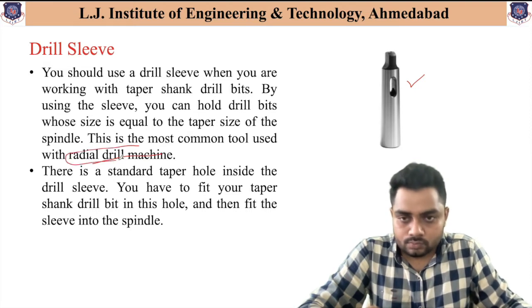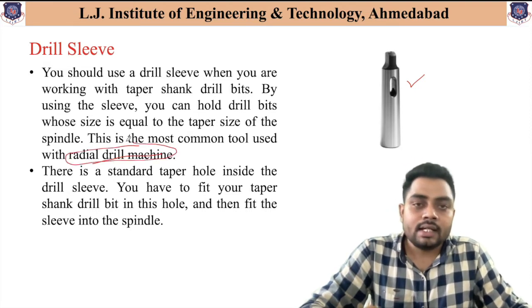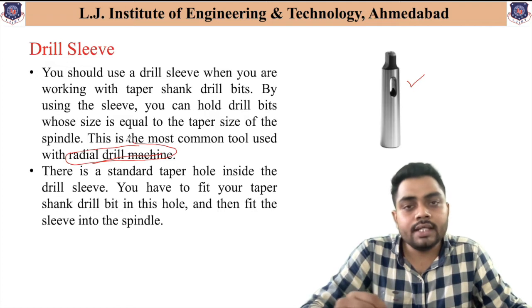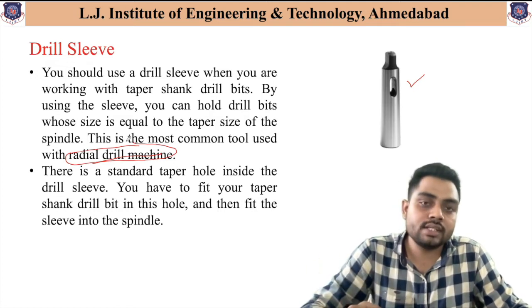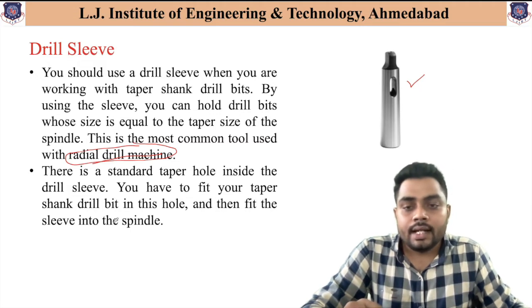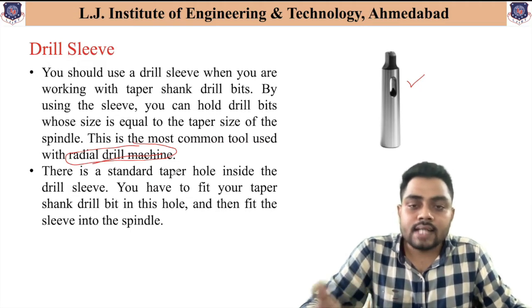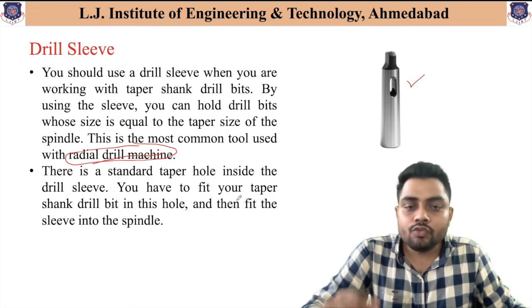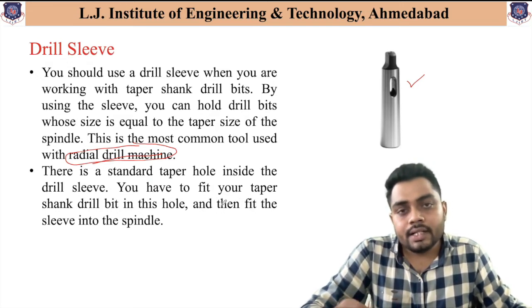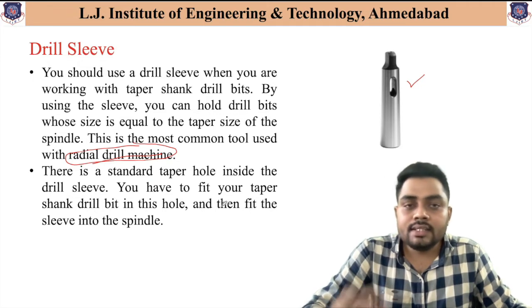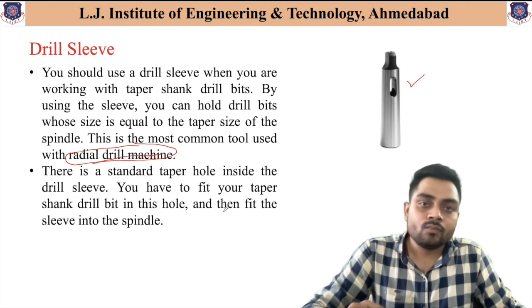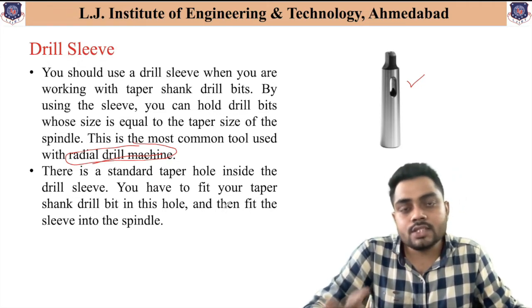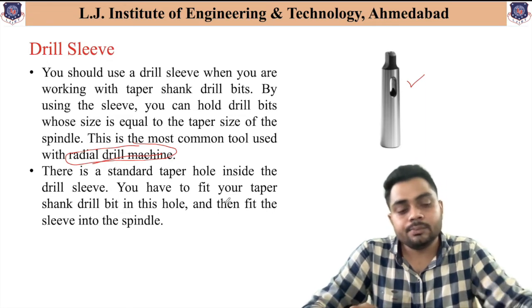It has a standard taper hole inside the drill sleeve. One must fit the taper shank drill bit in this hole and then fit the sleeve into the spindle. This is how the drill sleeve is used to hold the drill bit.